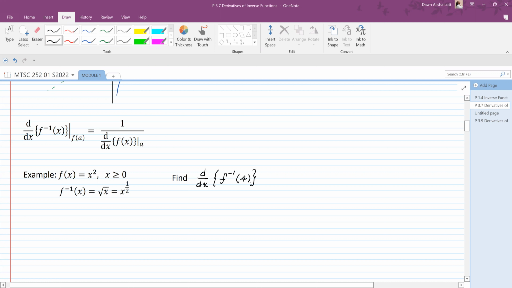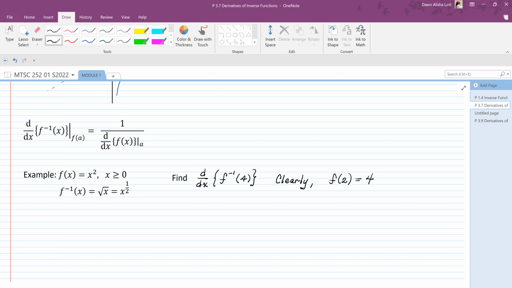Now, what does that mean? Well, clearly, if I look at the function, f of 2 is 4. The function is x squared. So f of 2 is 4.